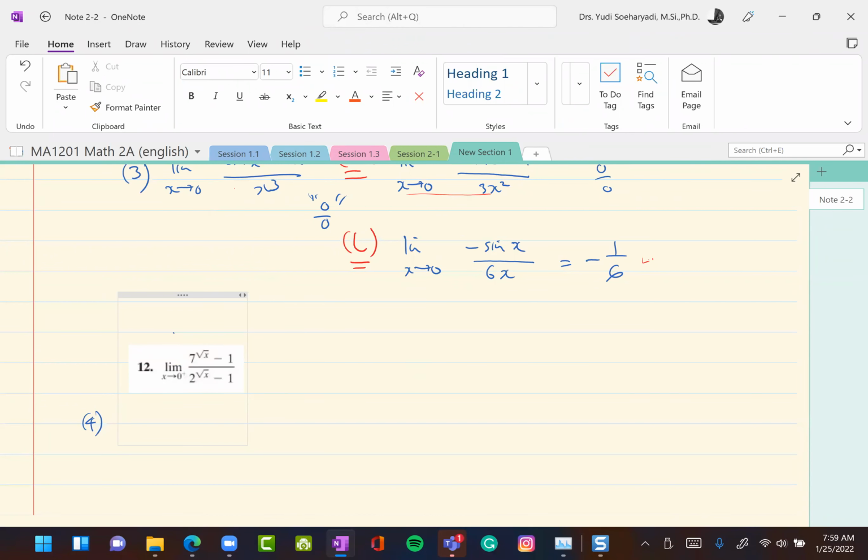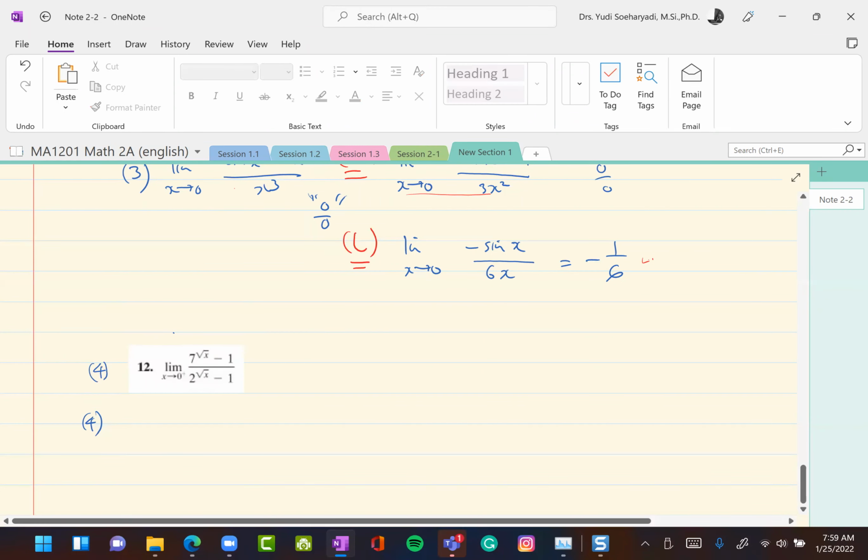All right, so let's try to figure out what kind of indeterminate form this one is. Okay. See if you plug in 0, this is 7 to the power 0, this is 1/1. So that's 0/0. Okay. So take derivative.